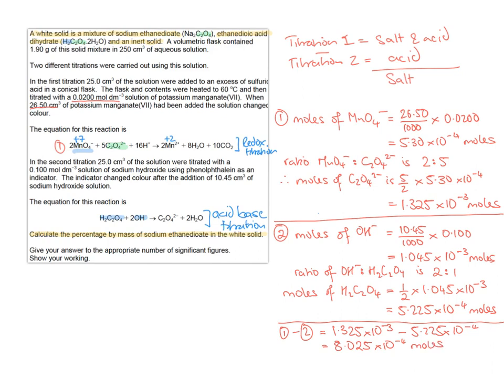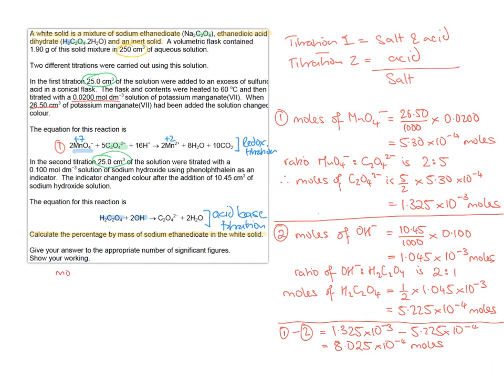And remember, we've got to pay absolute attention to the fact that both of these titrations referred to a volume of 25 centimeters cubed. But the original solid was made up in 250 centimeters cubed. So the actual number of moles of the sodium ethane dioate in the original solid is going to be 10 times what we've just calculated.